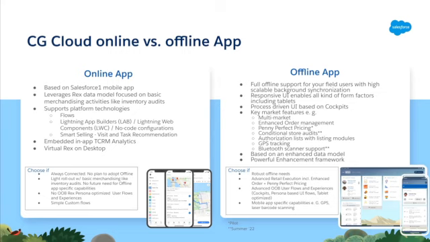I want to highlight the major differences between the online app and the offline app. The online application for sure is still supported, will not go away, and it's based on the generic Salesforce One mobile application. The online application is using only the basic retail execution data model, typically for merchandising topics such as executing assessment tasks.